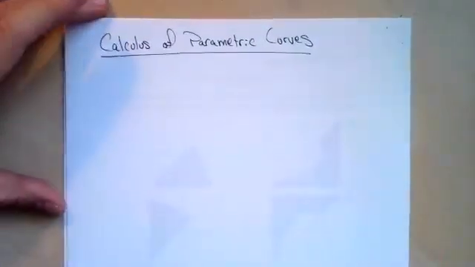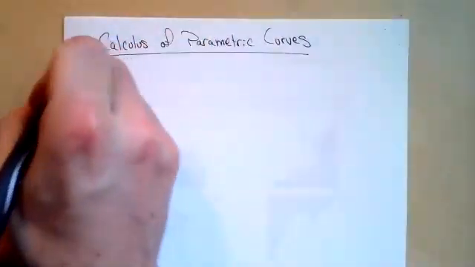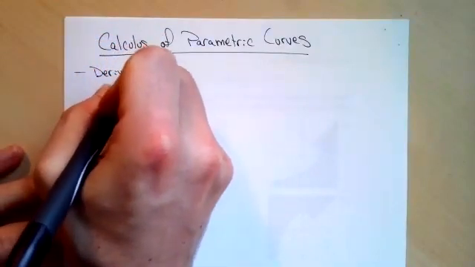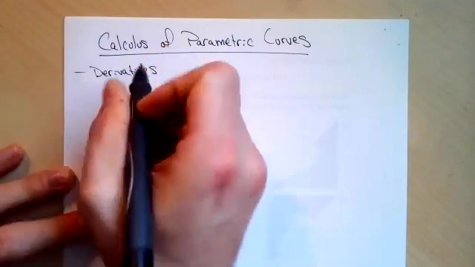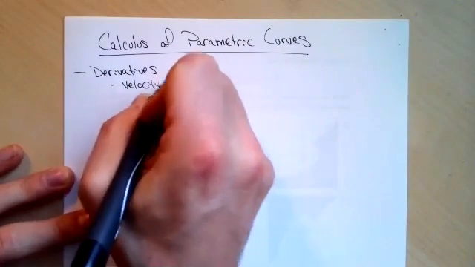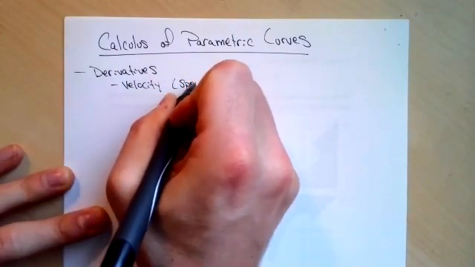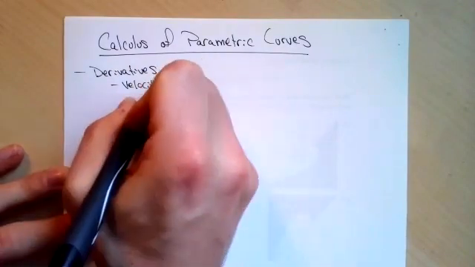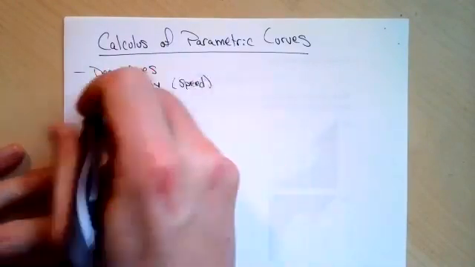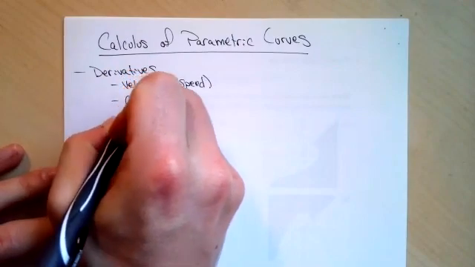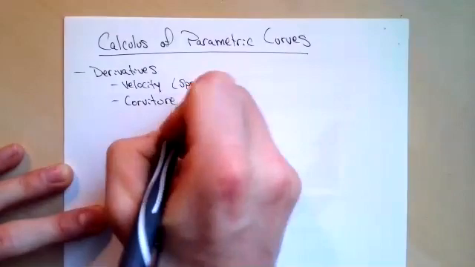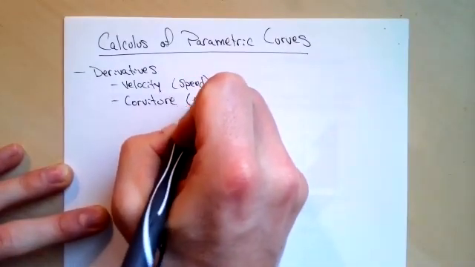So calculus of parametric curves, primary things we're going to be looking at are derivatives, which give us a notion of velocity and speed. So when I say velocity and speed, these are two related terms, but they are different. And then, of course, curvature, which is going to be related to acceleration.